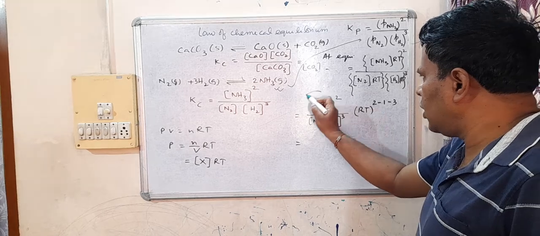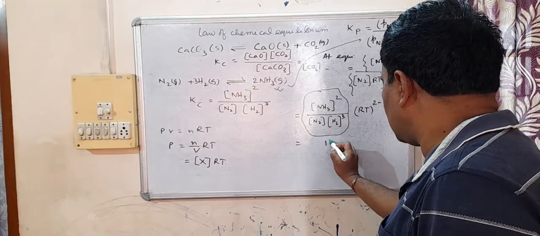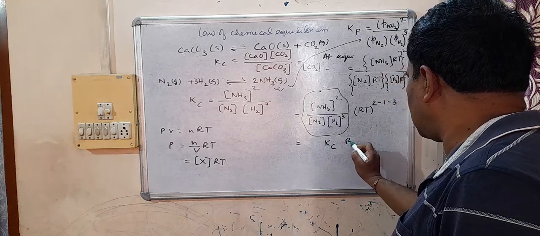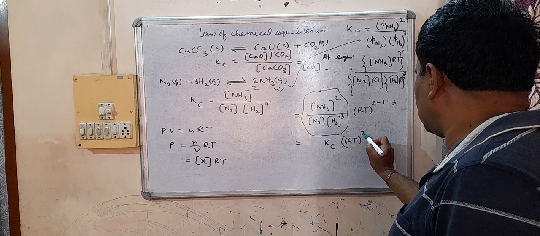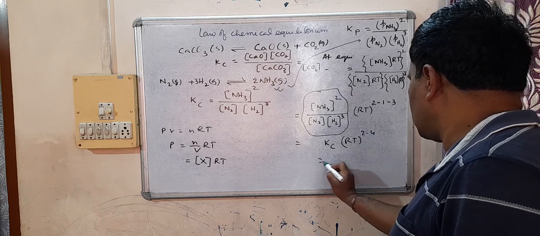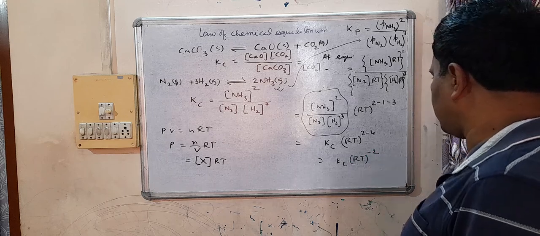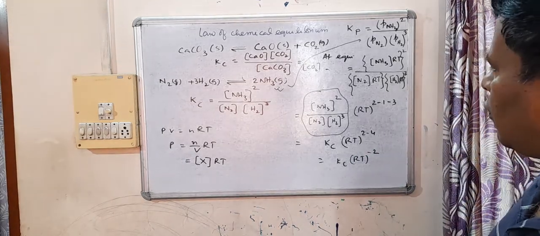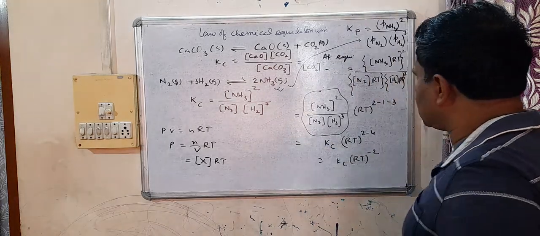Now this quantity is Kc, so we can write Kc times RT to the power 2 minus 4, that is Kc RT to the power minus 2. So for this equilibrium, this is the relation between Kp and Kc.